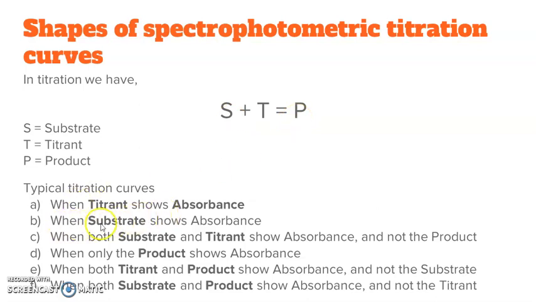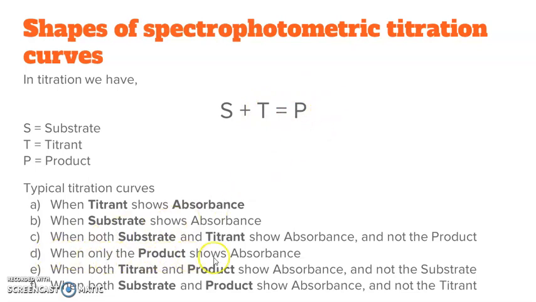The second instance would be the substrate shows absorbance, whereas the other two, that is the titrant and the product, do not show any absorbance. When I say it shows absorbance, it means epsilon has some value that is not equal to 0. The third case, when both substrate and titrant show absorbance and not the product.